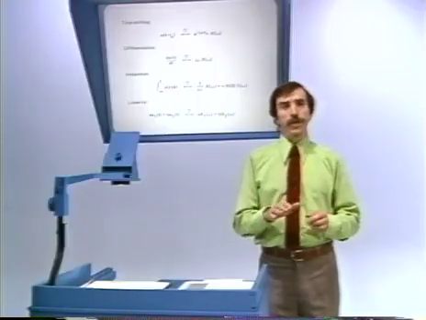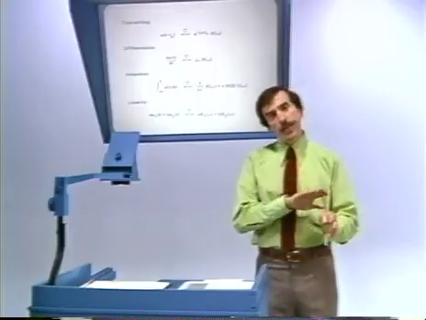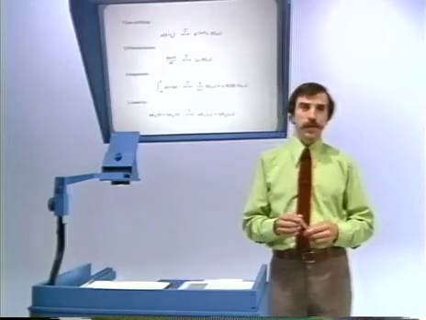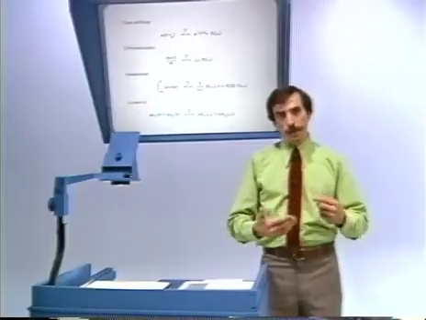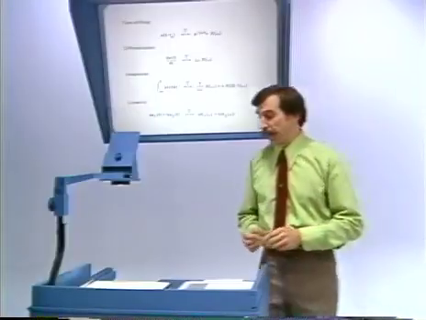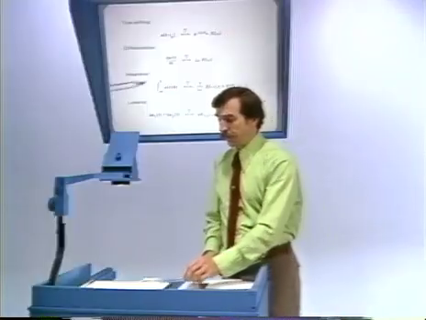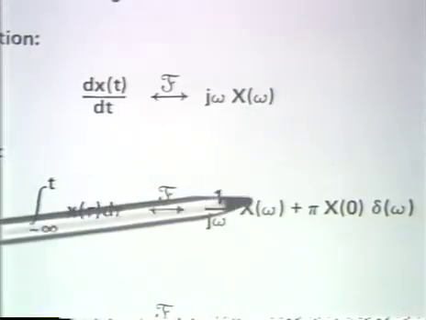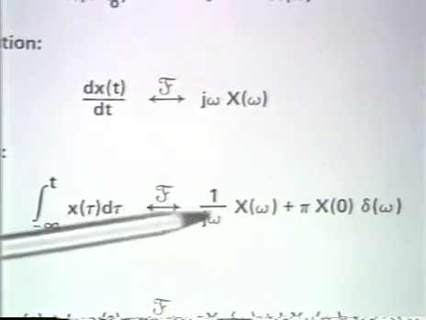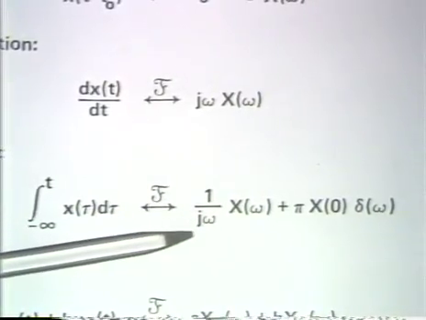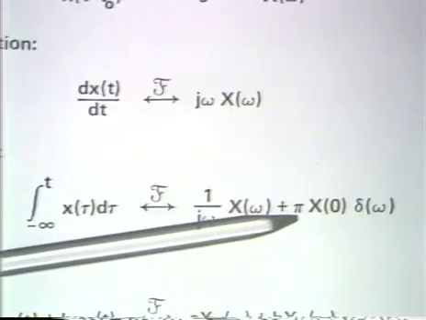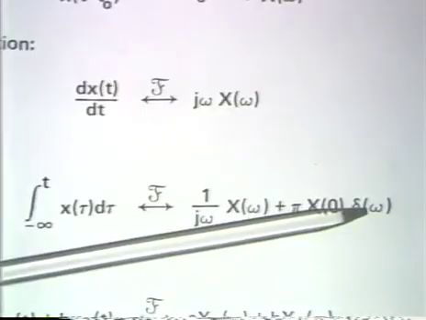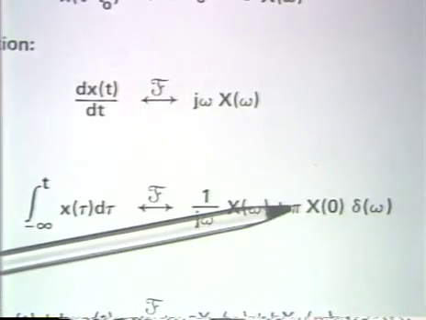If we have a time function that's some finite energy signal plus a constant, differentiating will destroy the constant, and the integration property, in essence, tries to bring that back. So the integration property, which is the inverse of the differentiation property, says that we divide the transform by j omega, and then if there was a constant added to x of t, we account for that by inserting an impulse into the Fourier transform.